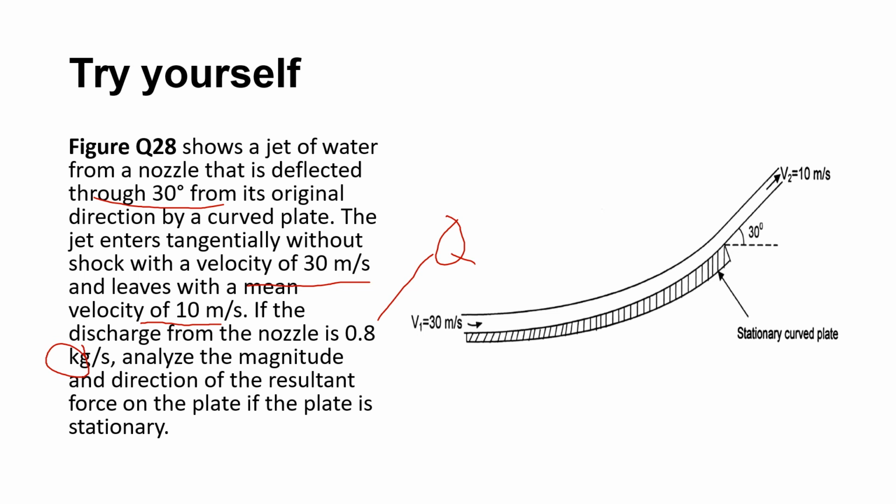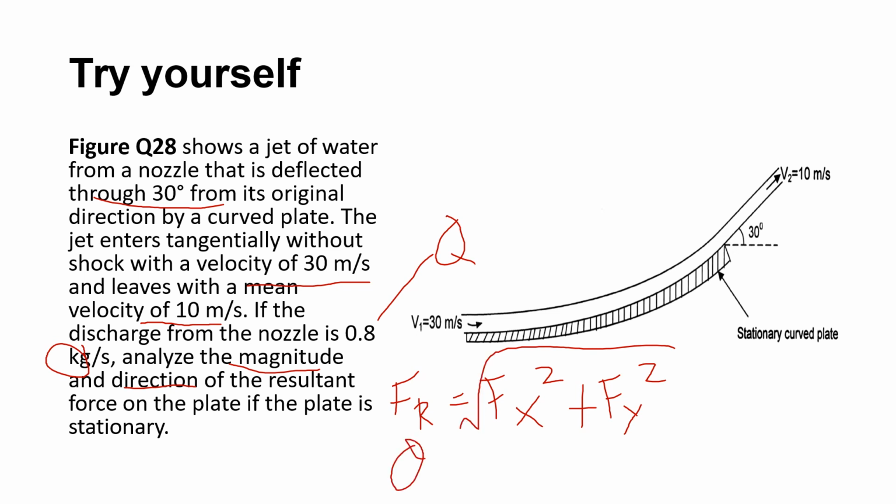So we need to find the angle and the magnitude and directions, means you need to find the resultant force Fr, which is the square root of Fx squared plus Fy squared, and the angle is the arctangent of Fy over Fx.